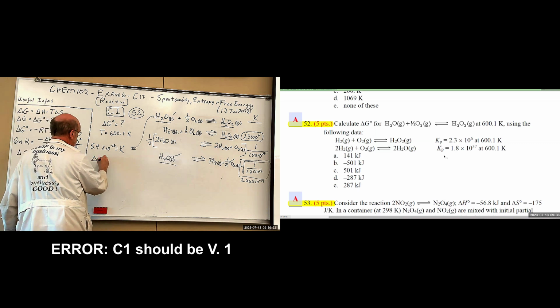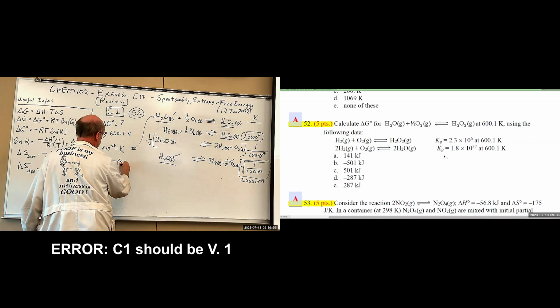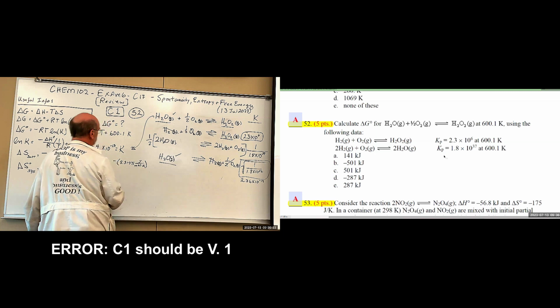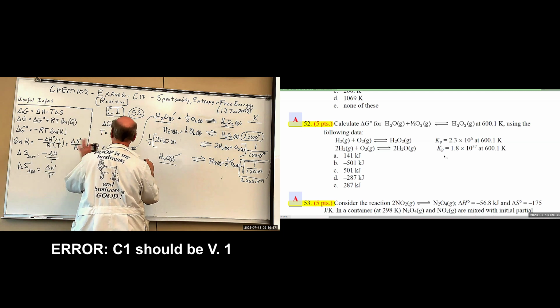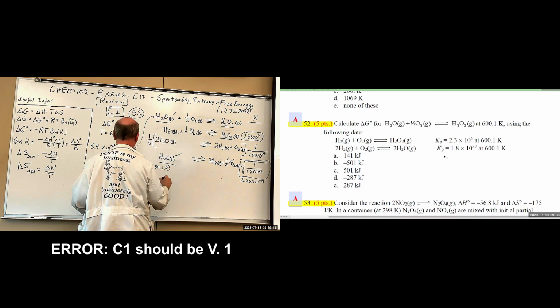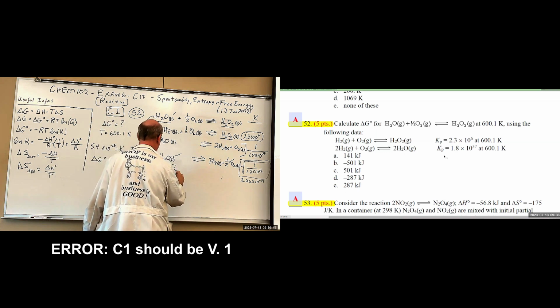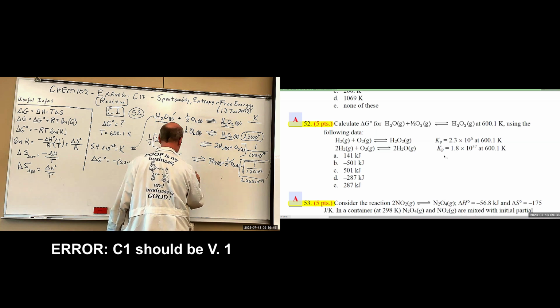So delta G0 equals negative R, which is 8.3145 joules per mole K. And temperature is already in Kelvin, 600.1 K. And then the natural log of K for the equation.